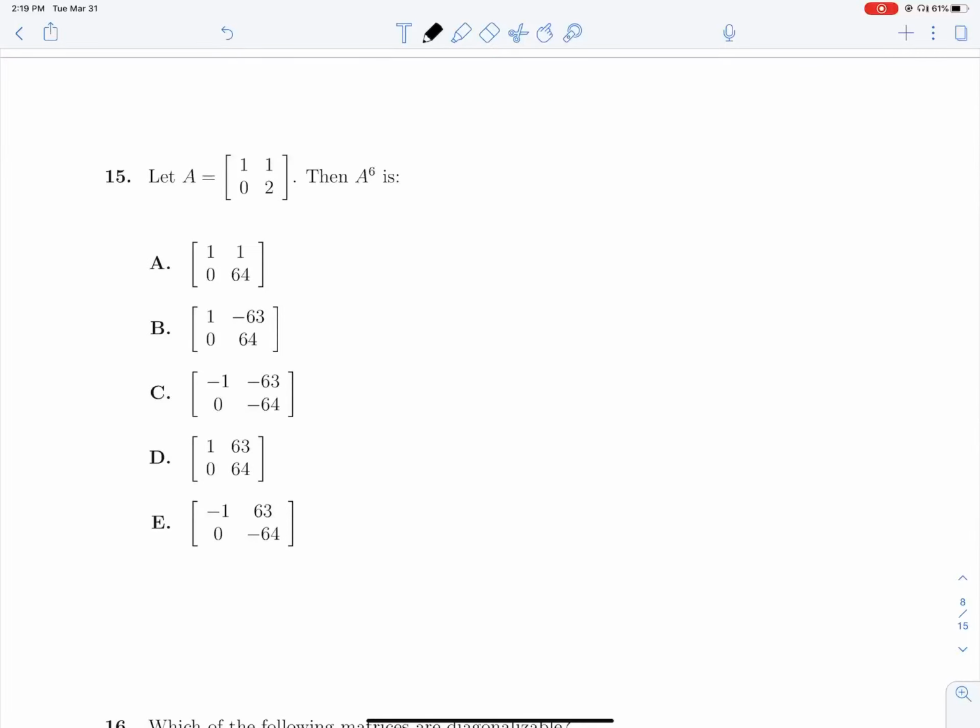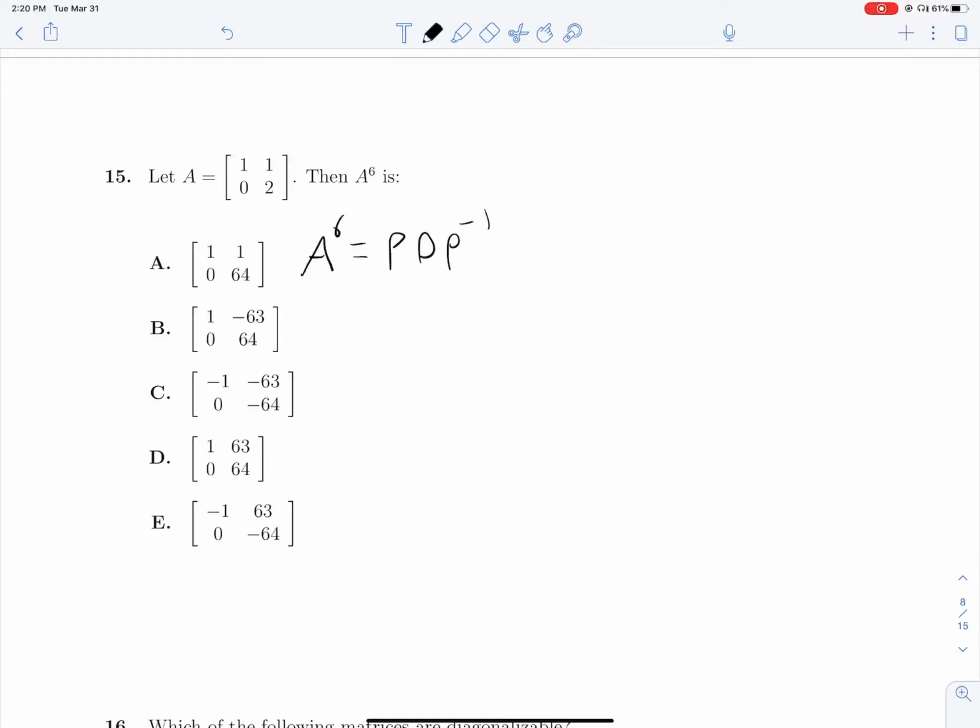Okay, 15. Let A equal [[1, 1], [0, 2]]. What is A to the 6th power? We're going to be using the fact that A to the 6th is equal to P D to the 6th P inverse, for the diagonal matrix D, which encodes the eigenvalues of A, and then some matrix P, whose columns will be the eigenvectors corresponding to the eigenvalues encoded by D. Sorry, I messed this up.